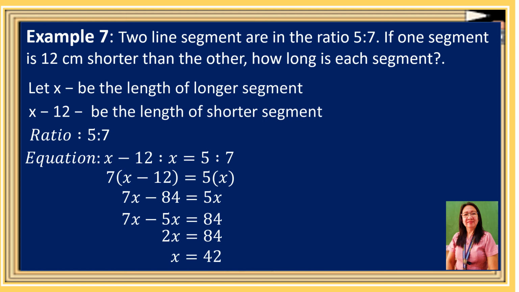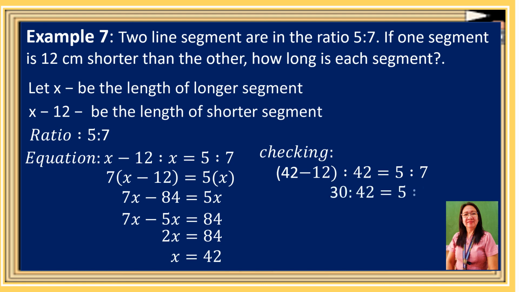Now let us check by substituting 42 for x. So 42 minus 12 is to 42 is equal to 5 to 7, where 42 minus 12 when simplified is 30. Then between 30 and 42, the GCF is 6.